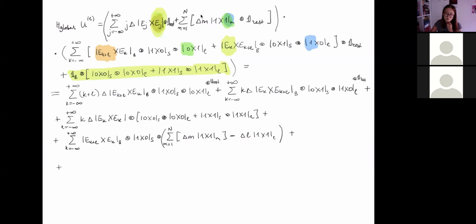Again, for all cases except when m equals L, we're multiplying by identity, because this 1 0 only acts on the lth qubit. So we keep the EK's part, the battery part, the qubit part.